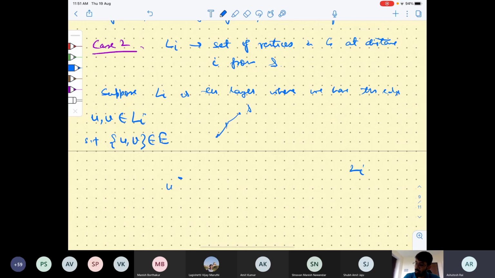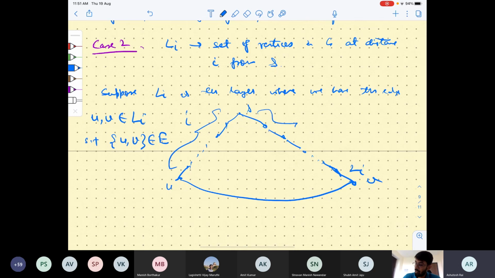So that means there is a path from S to U of length i, a path from S to V of length i, and this edge is 1.